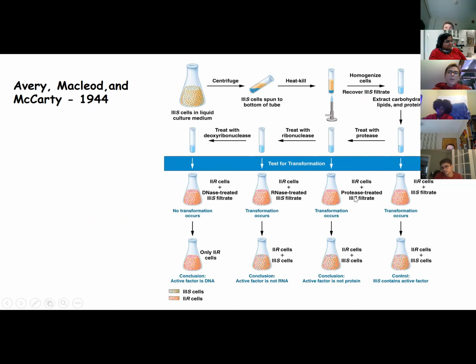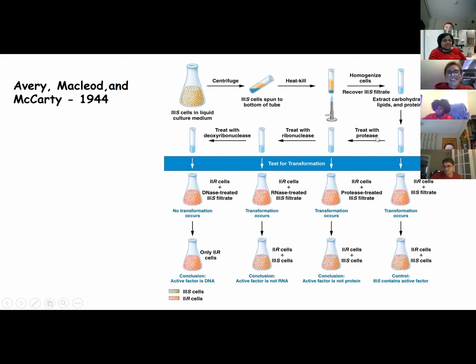They used protease, and they canceled basically all of them out until they got to deoxyribonuclease, and they realized that was the transforming principle. Sorry, that was a really bad explanation. That's okay.